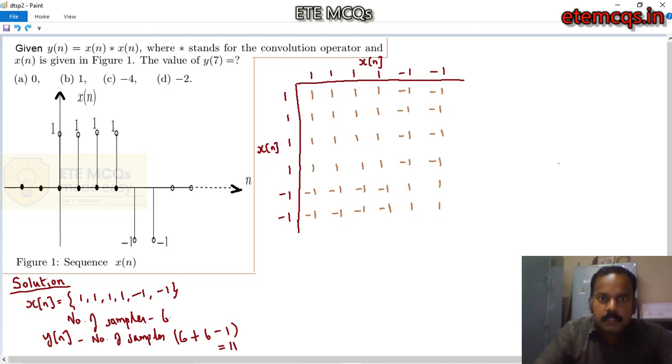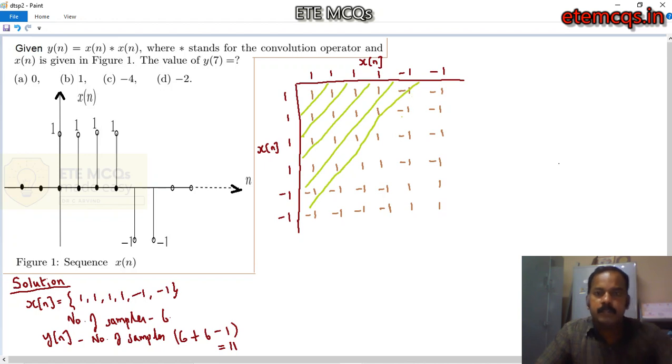When you perform sectioning, this will be the first section, the second section with 2 samples, the third with 3 samples, the fourth one with 4 samples, the fifth one with 5 samples, and then the next set of samples.